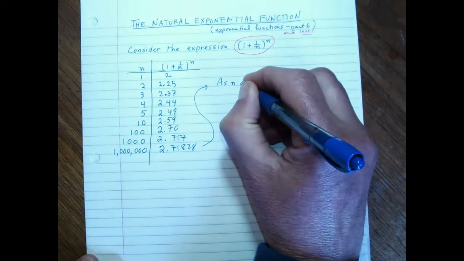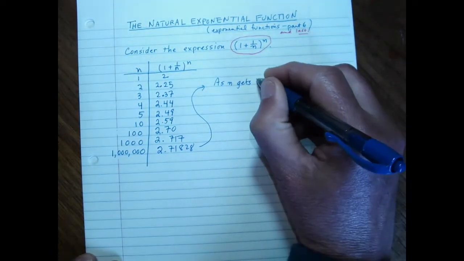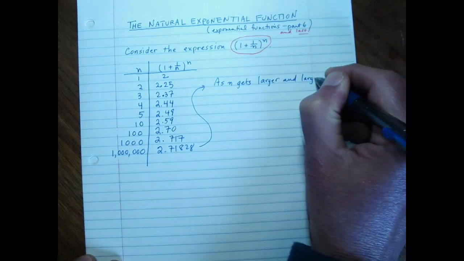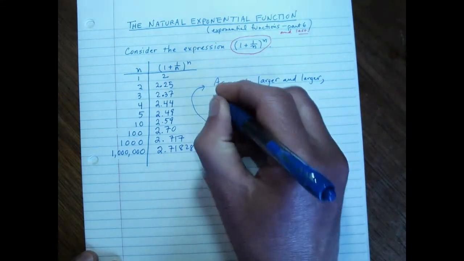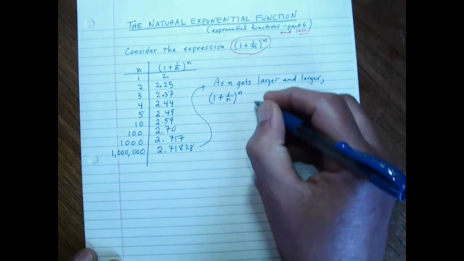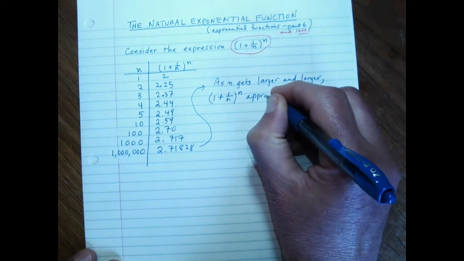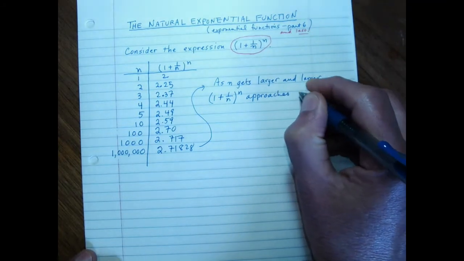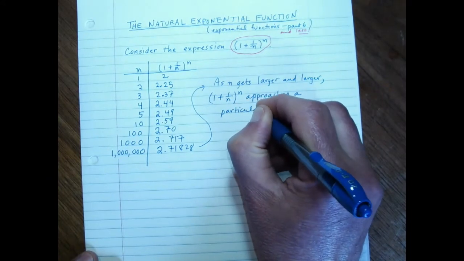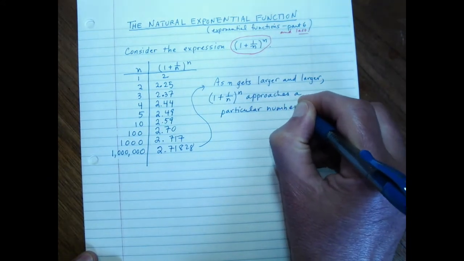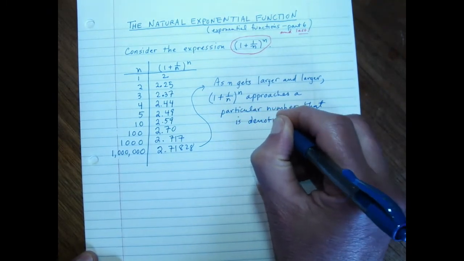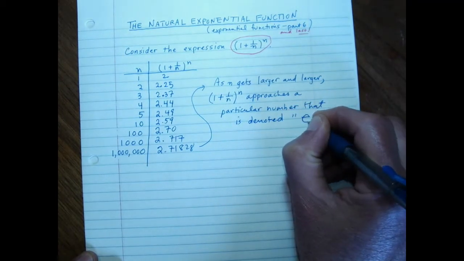What's happening is, as n gets larger and larger, 1 plus 1 over n to the nth power doesn't get larger and larger, but it approaches a particular number that is denoted with the letter e.